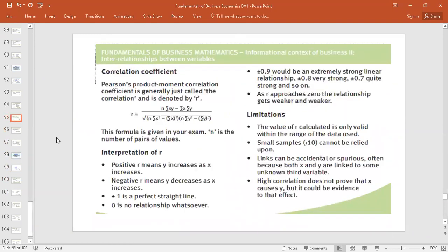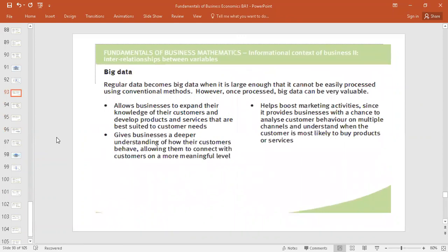So why do we have to study it here? What is big data? You must have heard about it. Since we are studying data and information, at the beginning I mentioned that the collection of facts and figures is data. Data is processed into information.